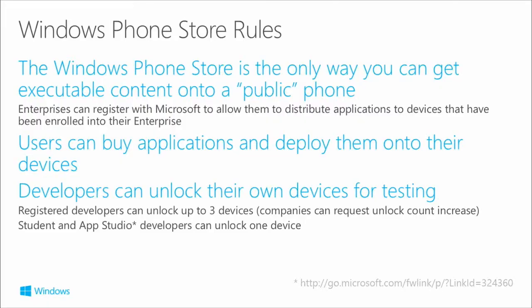Students, and if you have registered for our App Studio, URL shown on the bottom of the slide, the App Studio is a web-based tool where you can go and create apps without needing any programming knowledge. With that, you can unlock 1 device for testing your apps on.